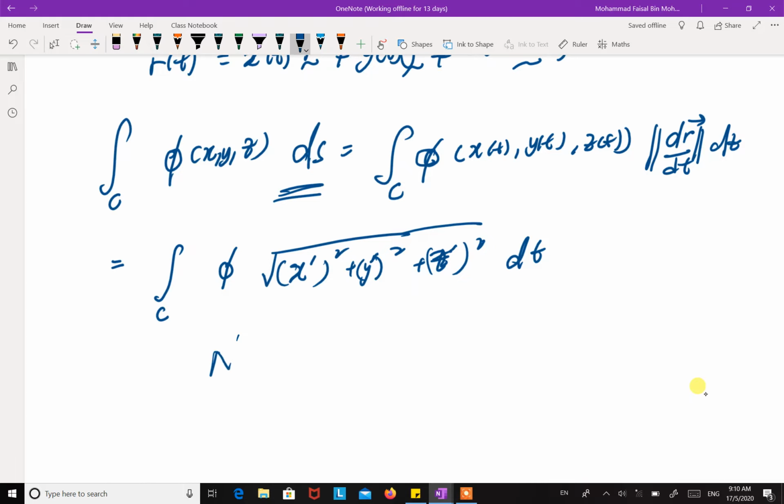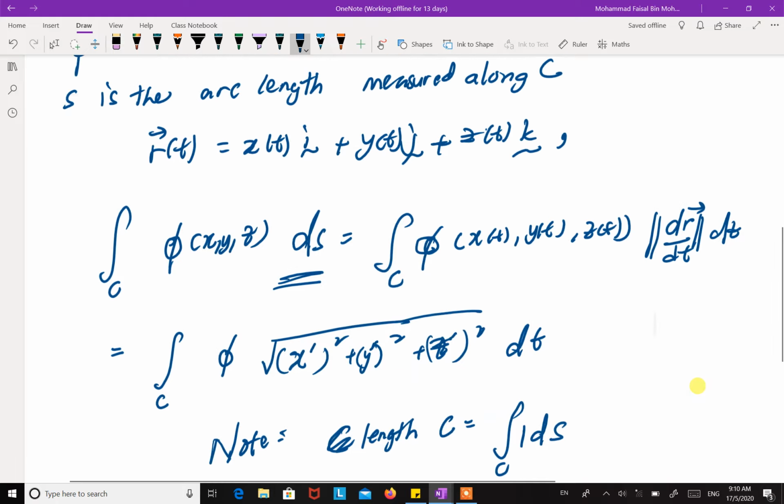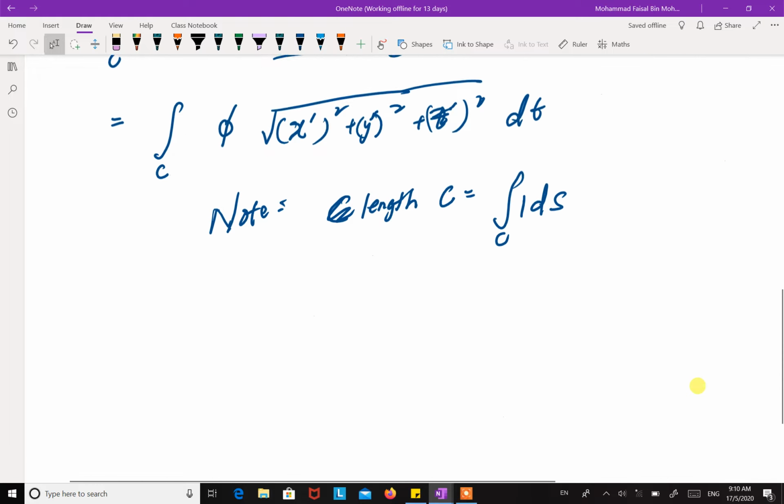Okay, note that the length of the curve C is the integration of 1 ds. Now see example 1.